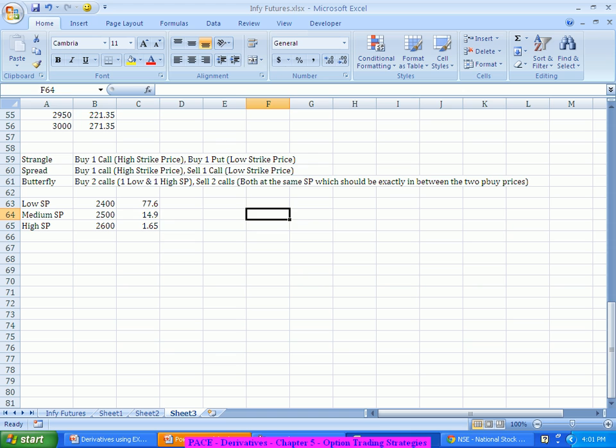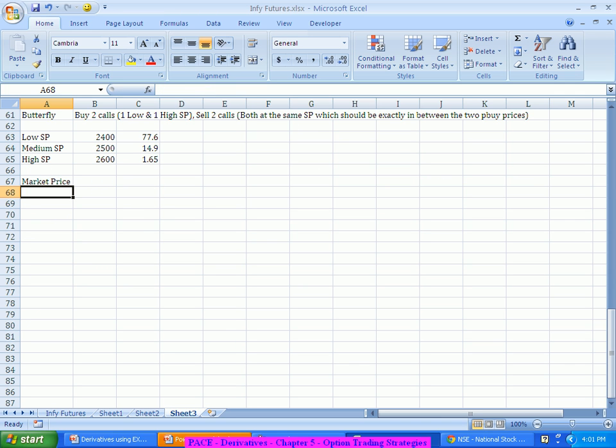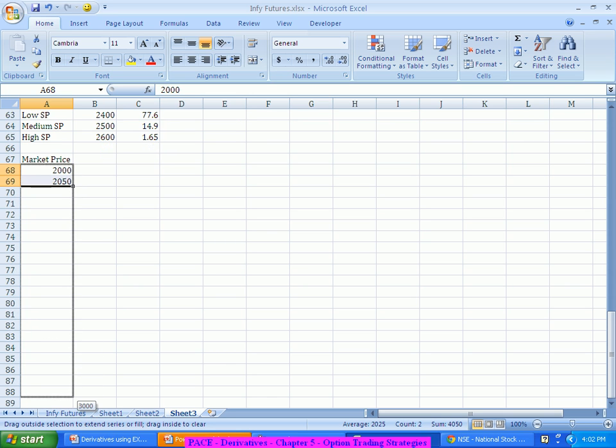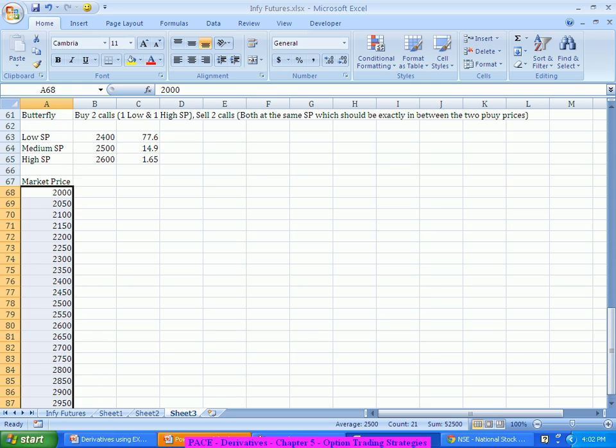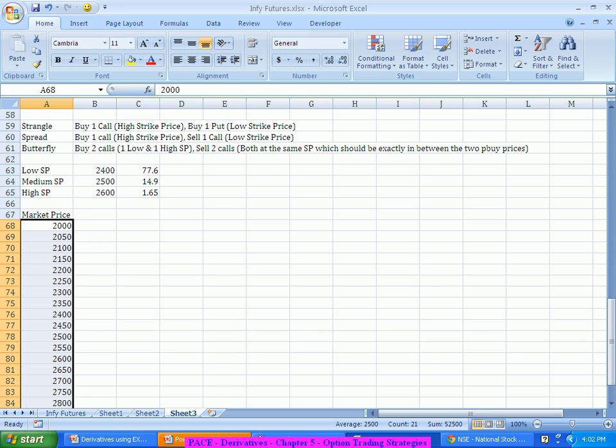So let me put market price, right? We'll take the same numbers again, 2000, 2050, right? Just to get a better graph, I'm taking so many values, otherwise it's not required. Okay, so from 2000 to 3000 I'm taking all the values.